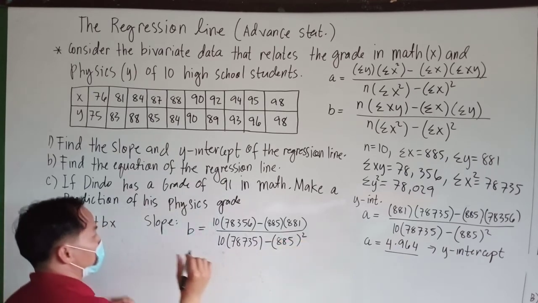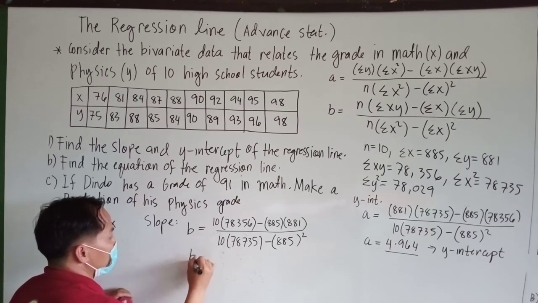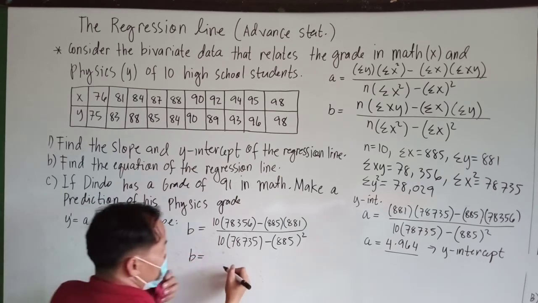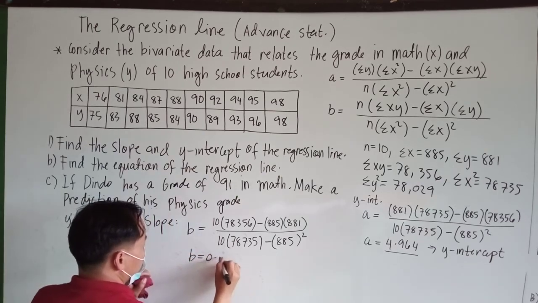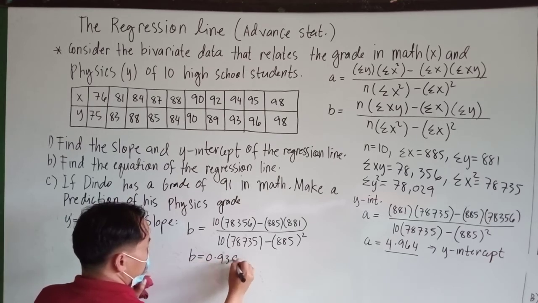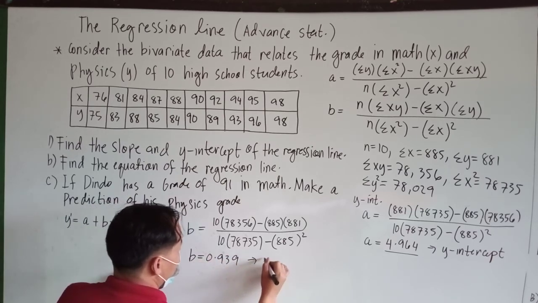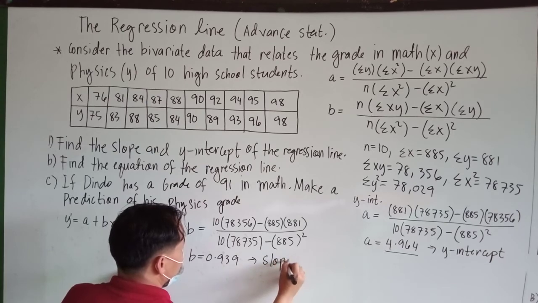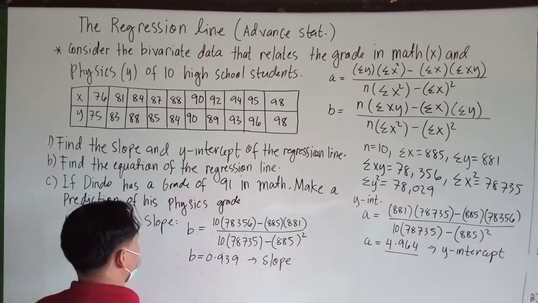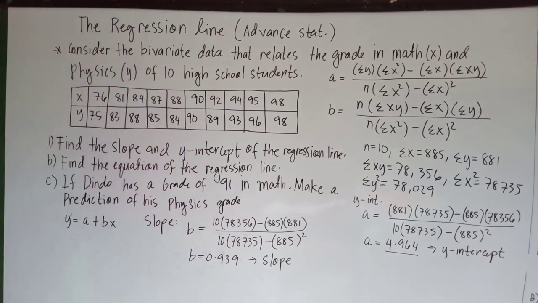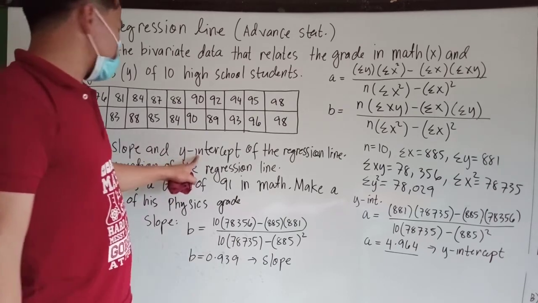So using our scientific calculator, b is now equal to 0.939. So this is referring to our slope. So we already answered number 1, the slope and the y-intercept.